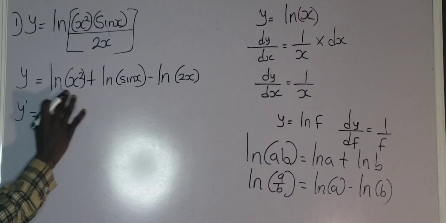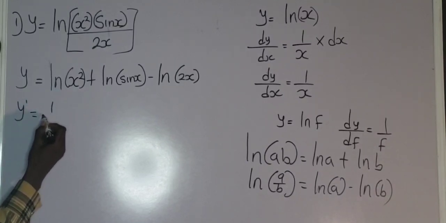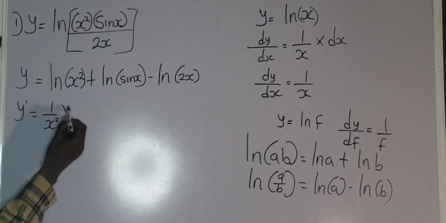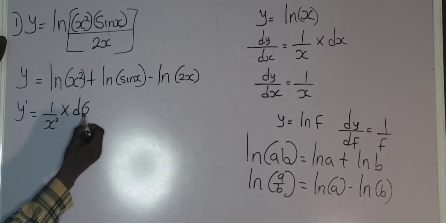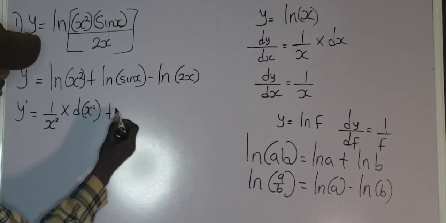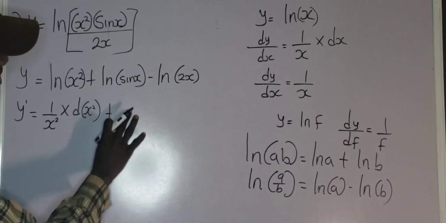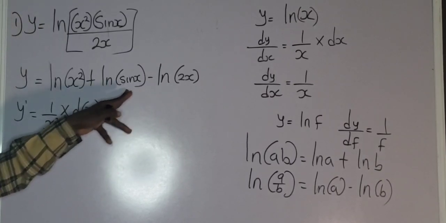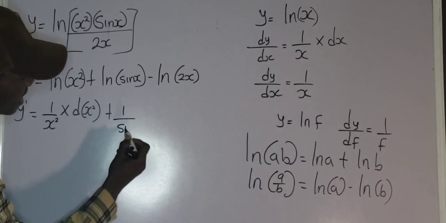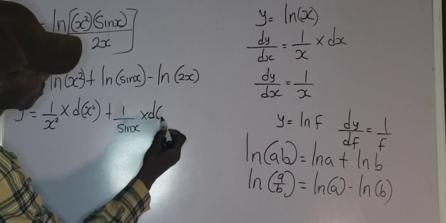The function inside the bracket here is x squared. So I take the inverse of x squared multiplied by the derivative of x squared. Do you understand? Plus the natural log, the inverse of the function inside the bracket. The function inside the bracket here is sine x. So I take the inverse of sine x, that is 1 over sine x, multiplied by the derivative of sine x.